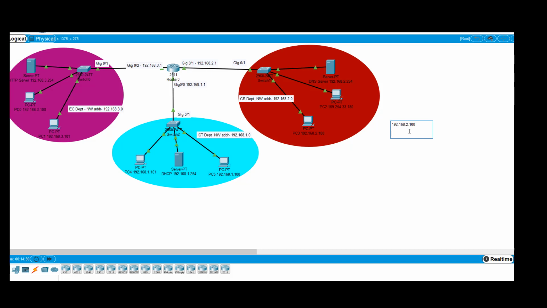For this IP address, I multiply the mask 255.255.255.0 with this IP address, and I will get 192.168.2.0. Whatever result I get, this will be the network address. You can see it's the same network address. So this is how masking helps us find the network address.